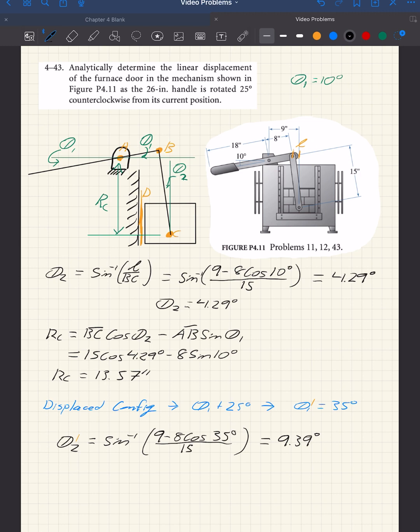So then RC prime is equal to 15 times the cosine 9.39 degrees minus 8 sine 25 degrees, and that's equal to 8.25 inches.